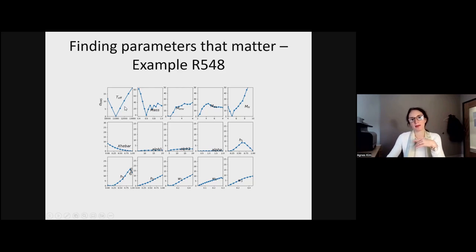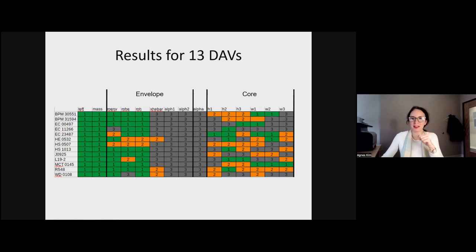And then I have some that do seem to matter a lot, like the effective temperature, the mass, the thickness of the hydrogen layer. And then I got things that are in between. So this is a 1, in between is 2, and then don't matter is a 3. And I color-coded this to make it easier to see. So here's R548 and the 15 parameters and that classification.